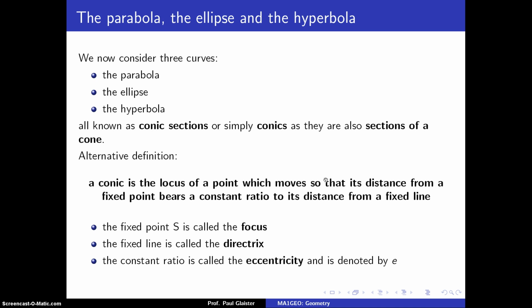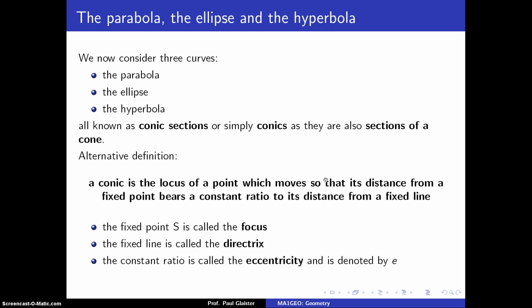So let us first of all consider the idea of a conic section being the locus of a point which moves so that its distance from a fixed point to the distance from a fixed line stays in the same constant ratio as the point moves.